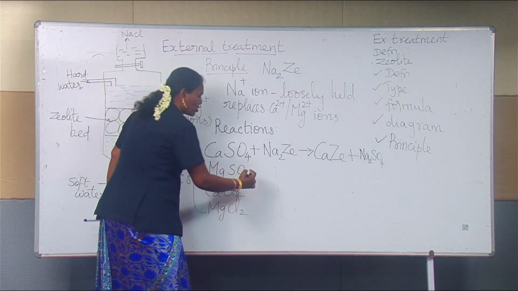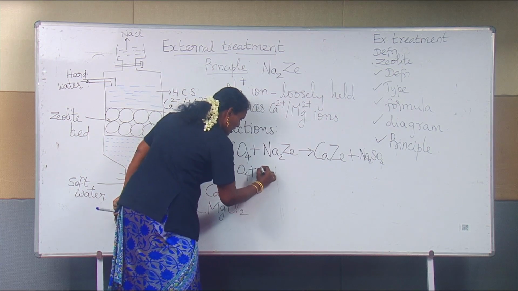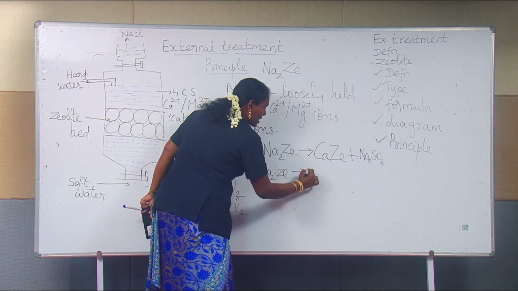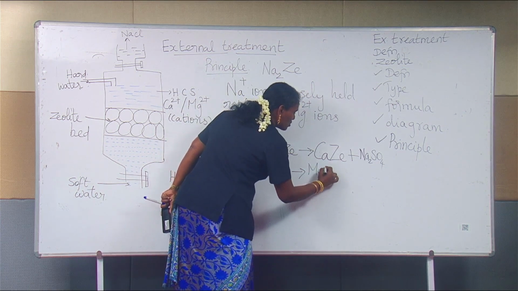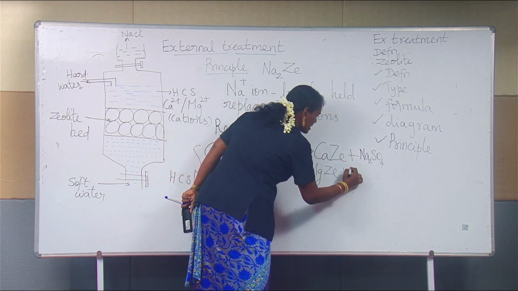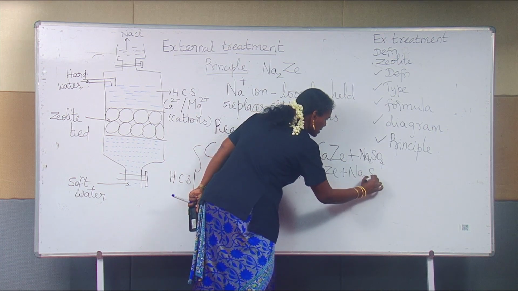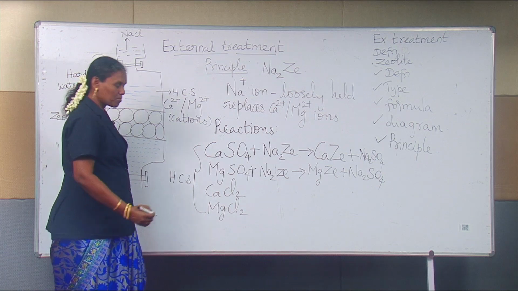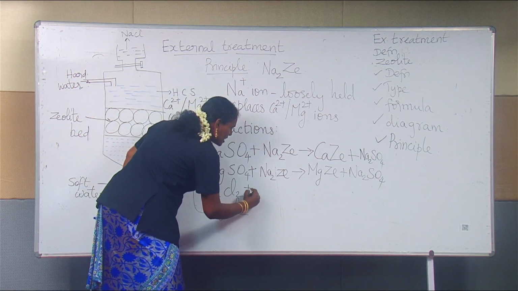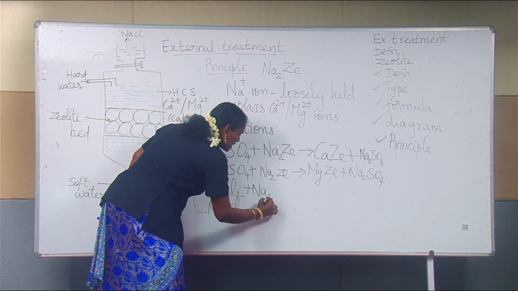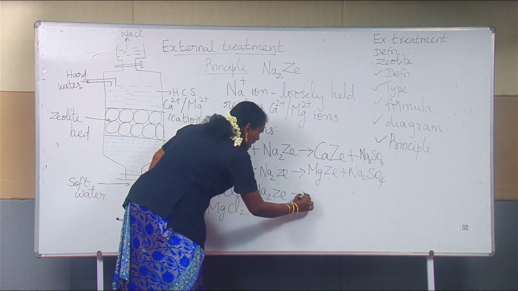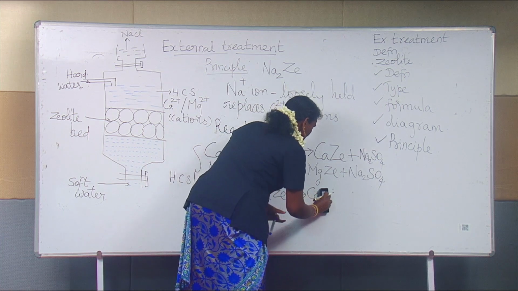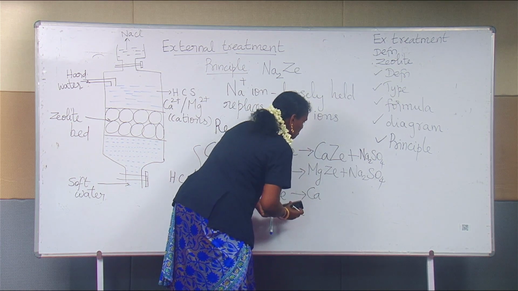Next, magnesium sulfate reacts with Na2Ze and forms magnesium zeolite plus again sodium sulfate. Next, calcium chloride, what happens? It reacts with Na2Ze and forms calcium zeolite and NaCl.